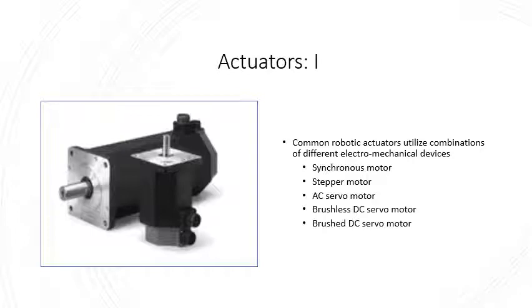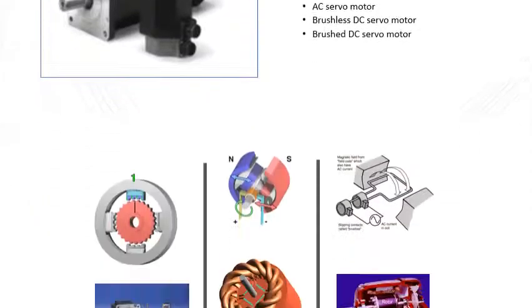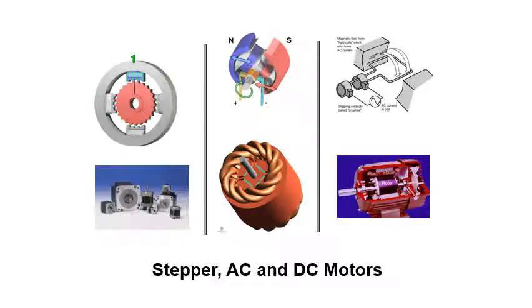The rotational movement comes from the physical behavior of electromagnetism, and the inductors inside the DC motor produce the magnetic field used to generate that rotational movement. It has a classification like brushless and brushed. These are the stepper motor, AC and DC motors.